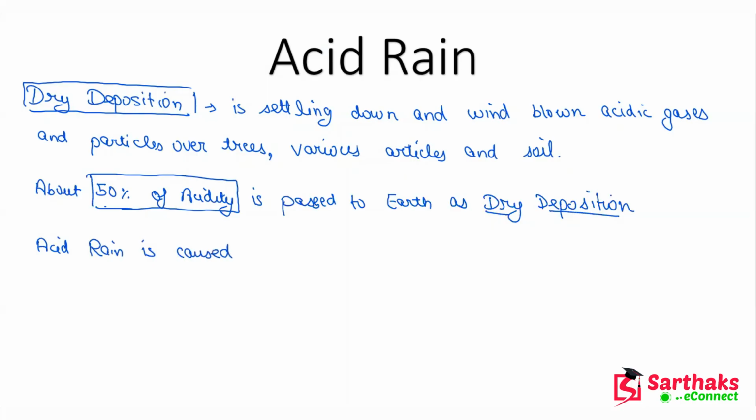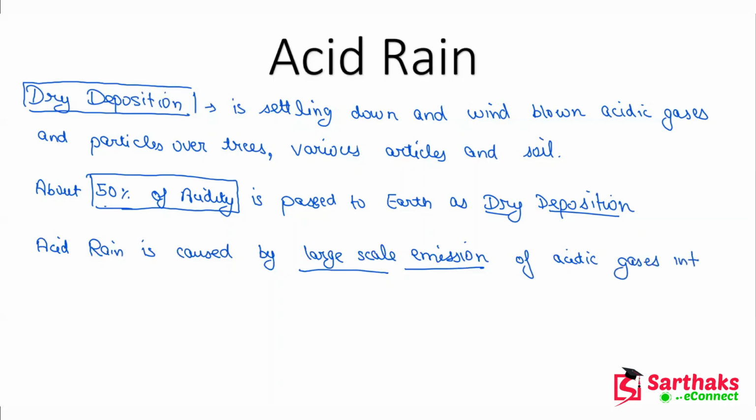Acid rain is caused by large scale emission of acidic gases into the atmosphere, from thermal power plants, industries, and automobiles.